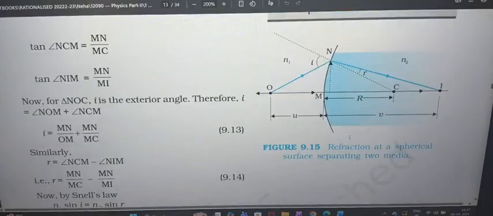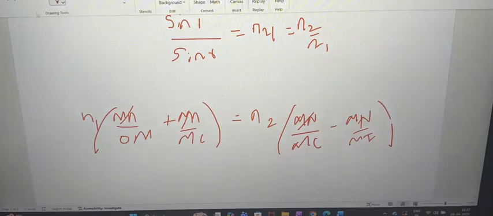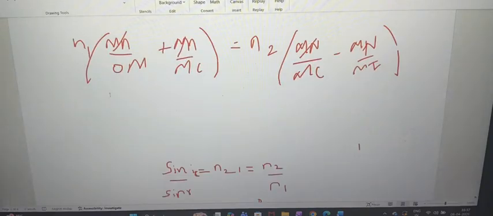OM is nothing but the object distance, which is u, and we know it's towards the left, meaning according to sign convention we have to write negative u. So it is simply going to be n1 by negative u. This n1 I'm multiplying here also, because here just 1 is left. So n1, and what is MC now?